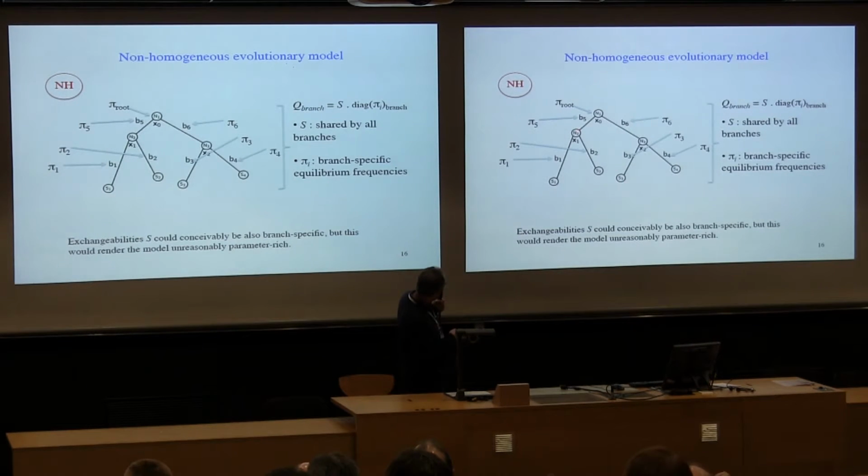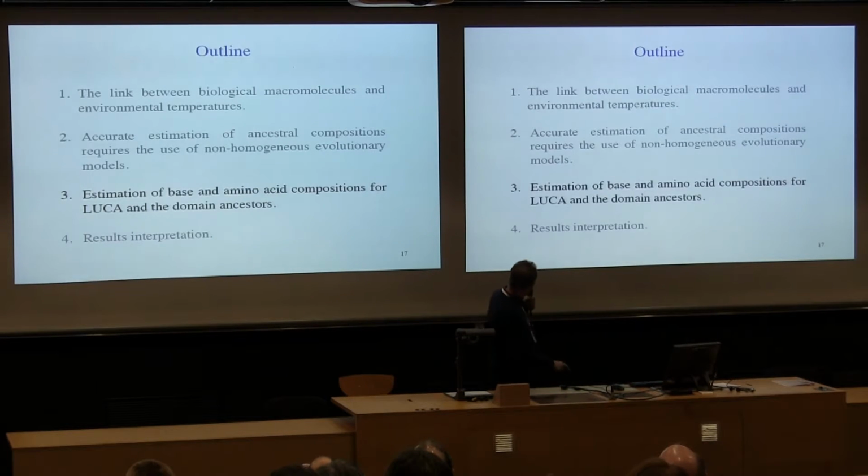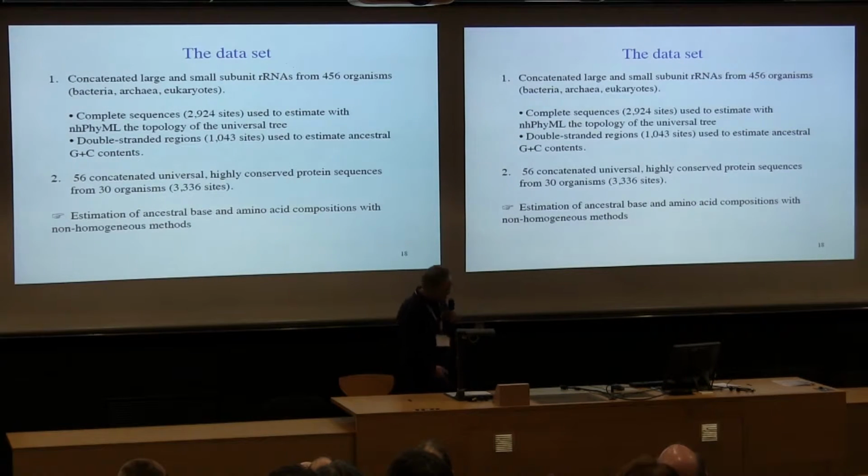And so we allow one branch to enrich in GC and its sister branch, for example, to deprive a sequence of GC. So our model becomes able to represent the evolution of molecules whose composition varies along time. Okay, and so this is what we did. There are a lot of technical difficulties in handling such a parameter-rich model.